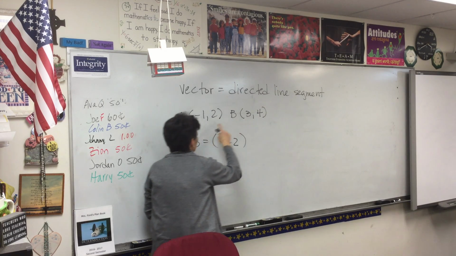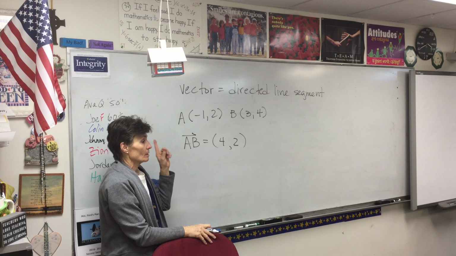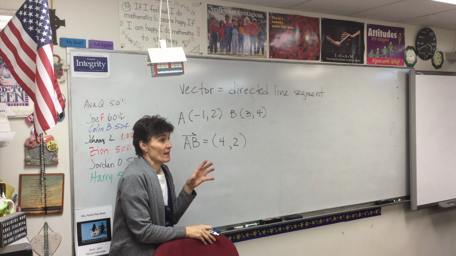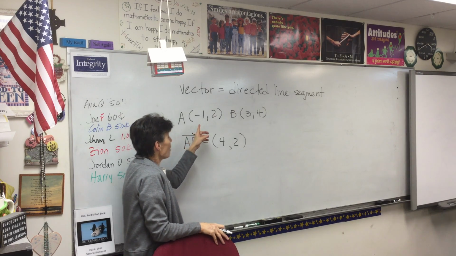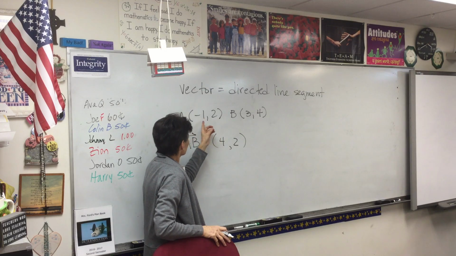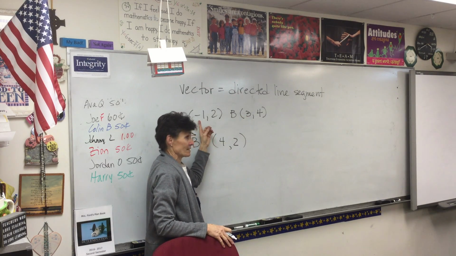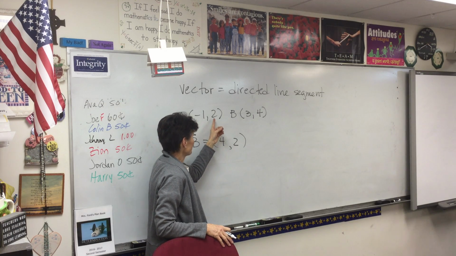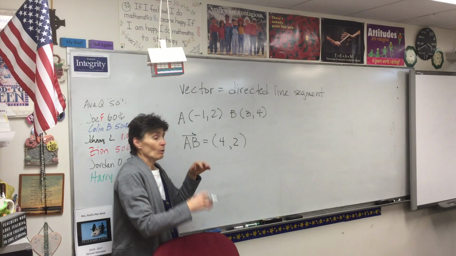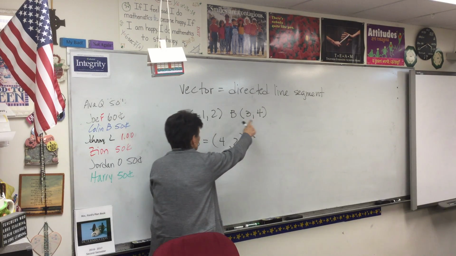X2 minus X1, and then Y2 minus Y1. So it's very much like a slope thing. How many steps did we take to get from -1 to 3? Isn't that 4 steps? 3 minus -1. And then from 2 to 4 is 2 steps. We don't write it as a fraction. Slope would be a fraction. If I said, what's the slope?